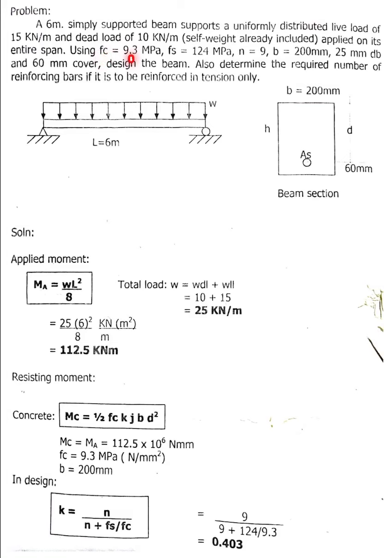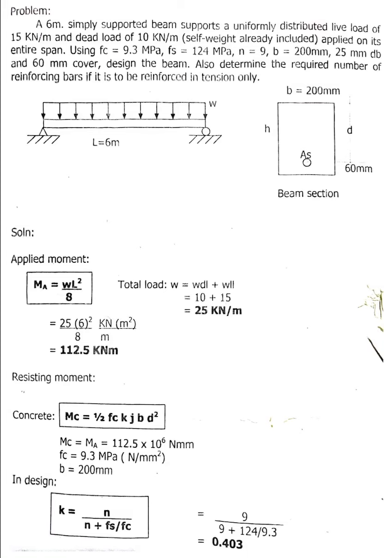Using fc that is 9.3, and fs is 124, and then you have your n, the modular ratio, that is 9, and the base given is 200 millimeter, and the diameter of the reinforcing bars is 20 millimeter, and also the cover is 60.